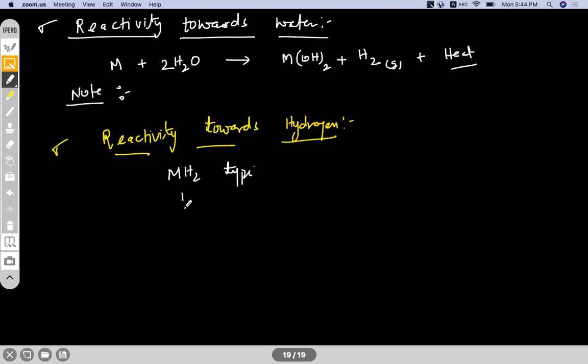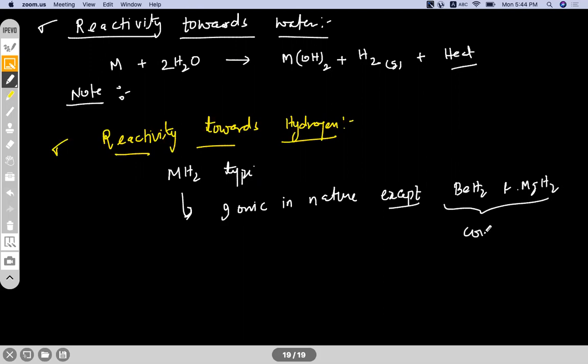All these hydrides are ionic in nature, except what? BeH2 and MgH2. BeH2 and MgH2, the first two elements, are covalent.